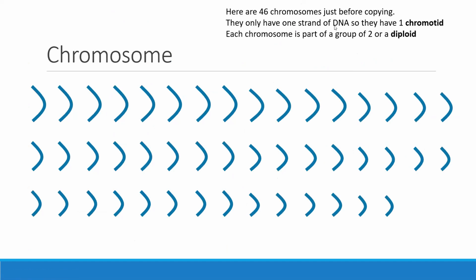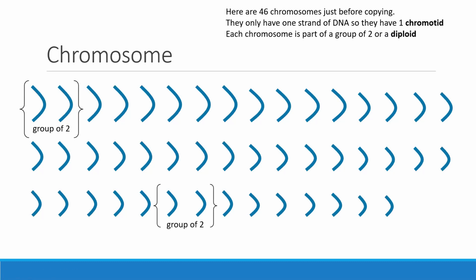They have 1 strand of DNA, so they are called a chromatid. Each chromosome is part of a group of 2, or a diploid. If you count them, there are 46. So each of these comes in a group of 2.